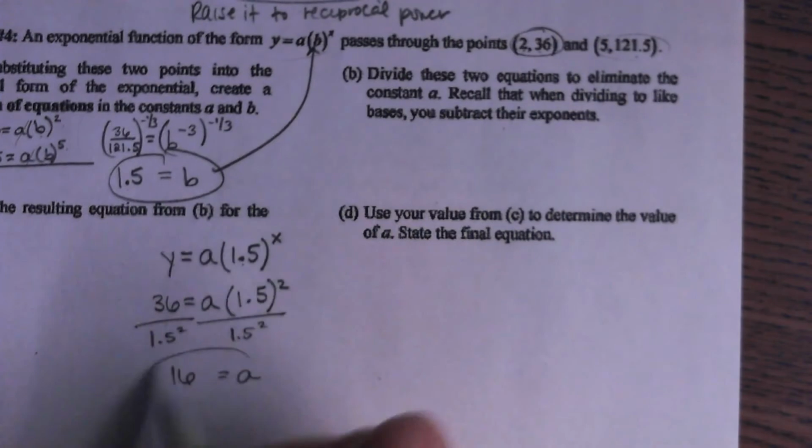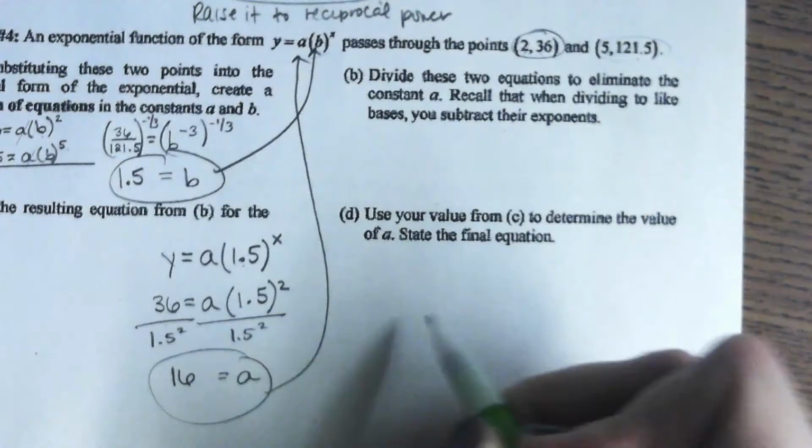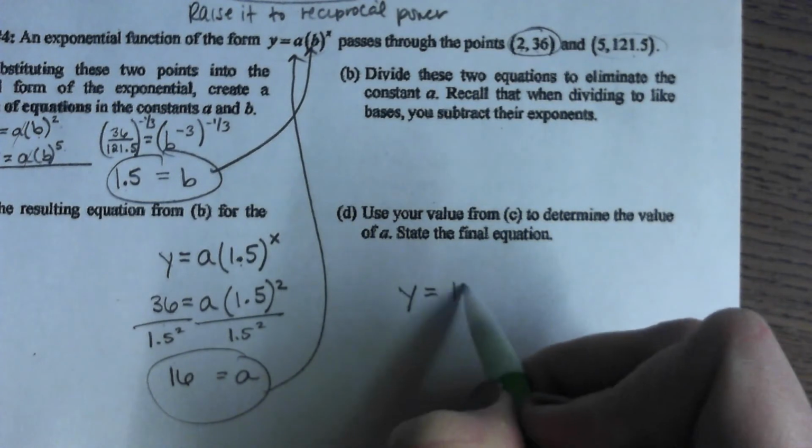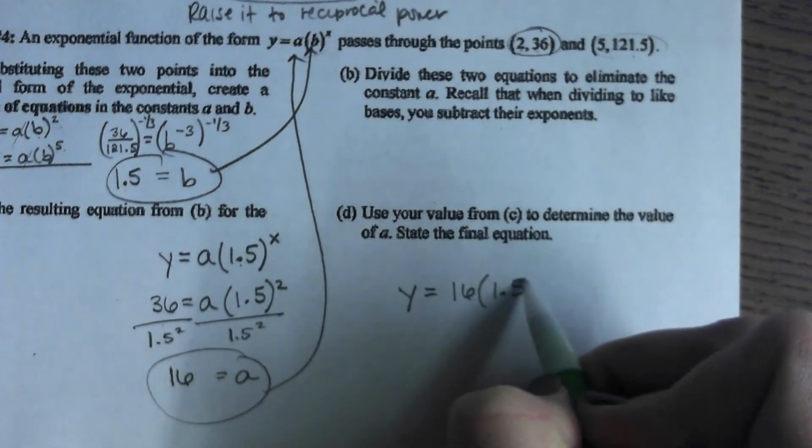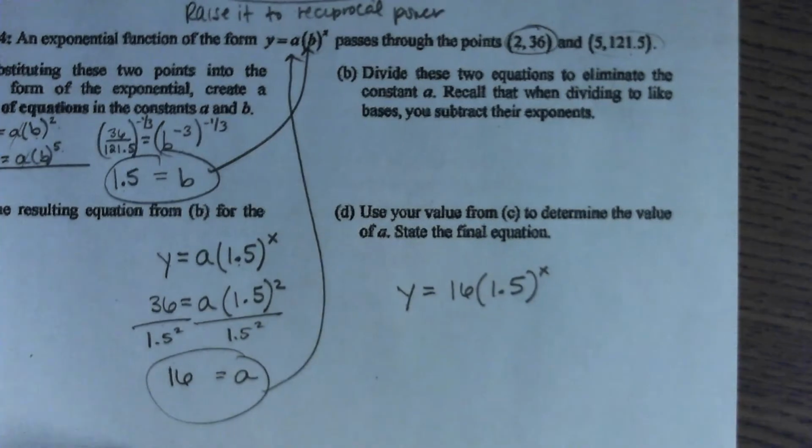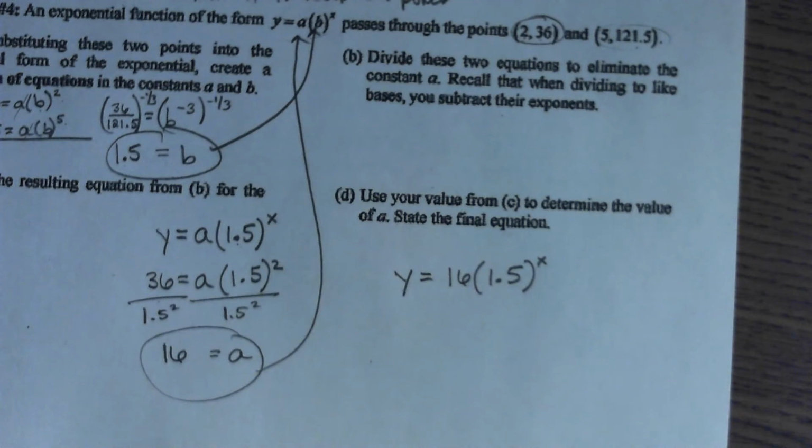So now we have a, and now we can write the whole function. Y equals 16 times 1.5 to the x power. Good?